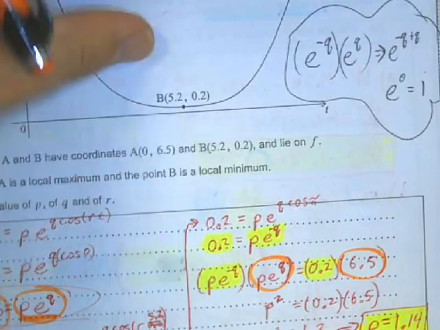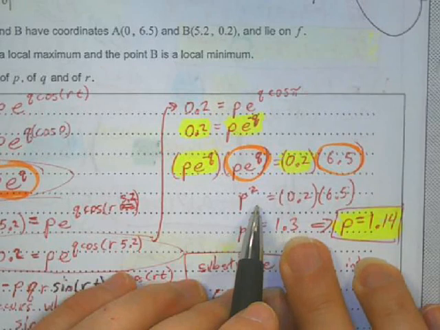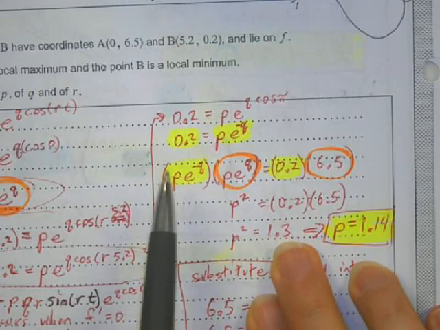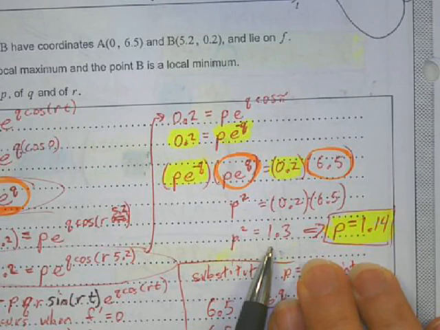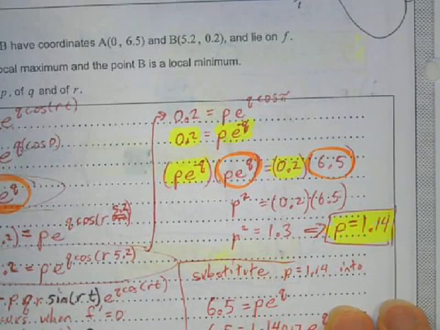So that's why the e to the q goes away, because that's equal to 1. Okay. So now I end up with p squared equals this times this, and then I end up with p equaling 1.14.